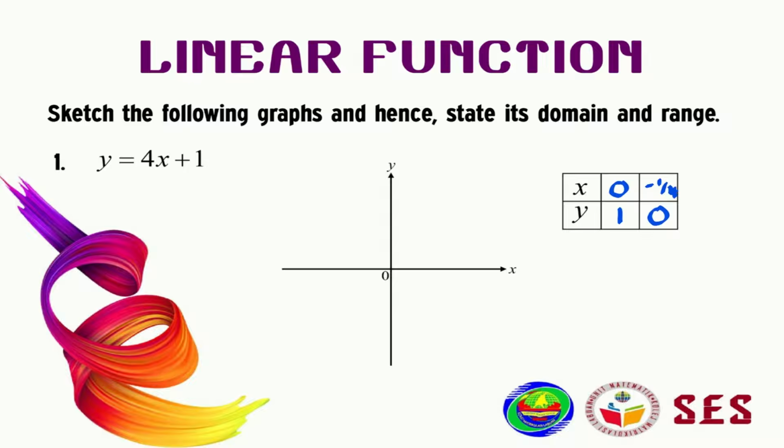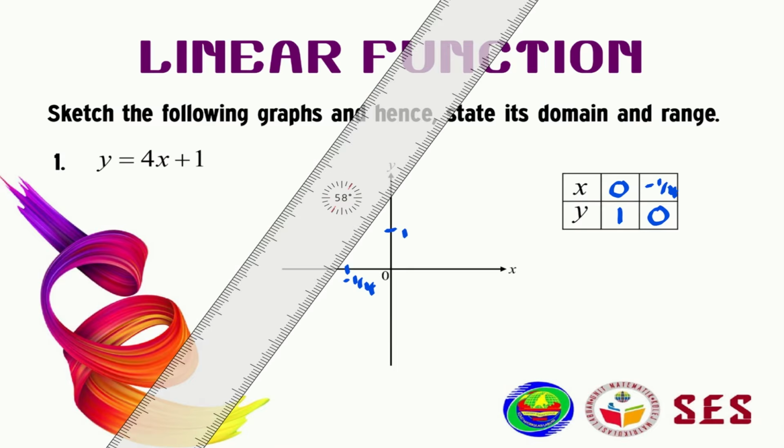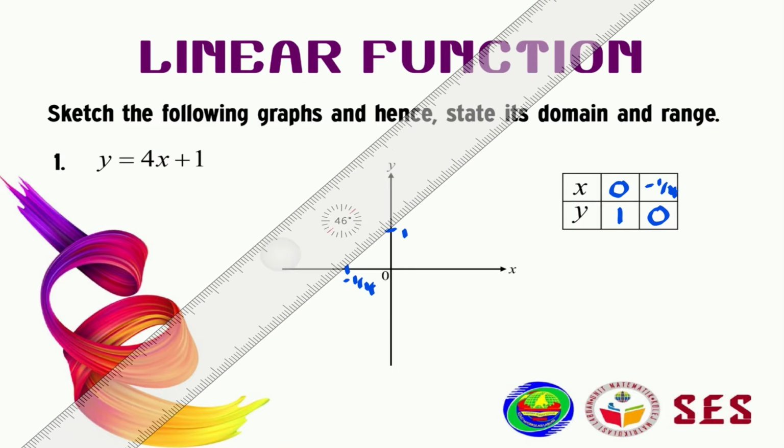So we have x equals 0, y equals 1, which is here, and x equals negative 1 over 4, y equals 0, which is somewhere around here. We just make a line joining the 2 points.